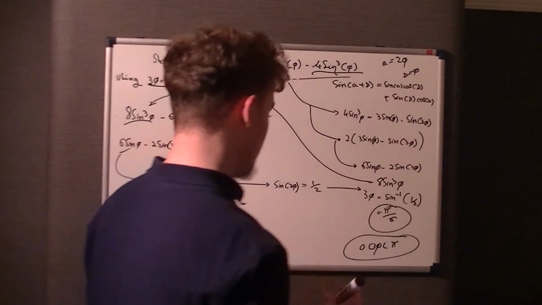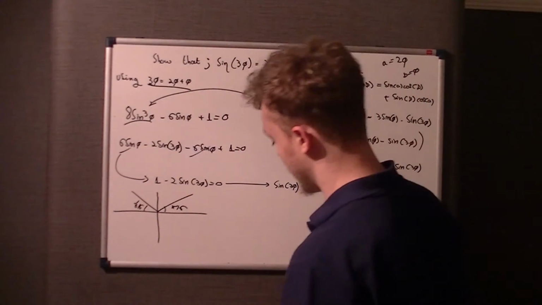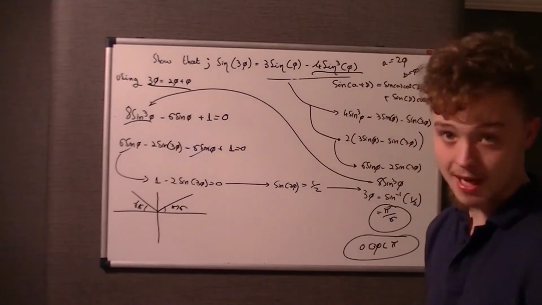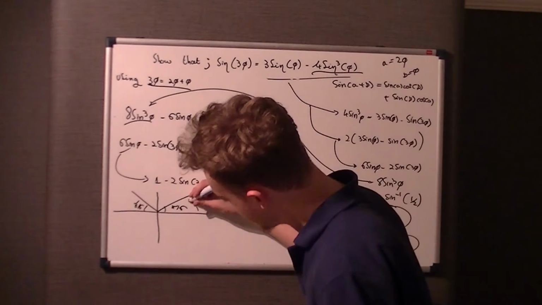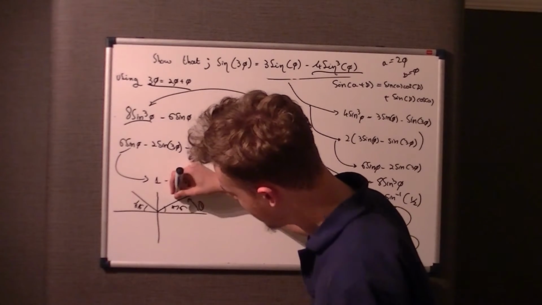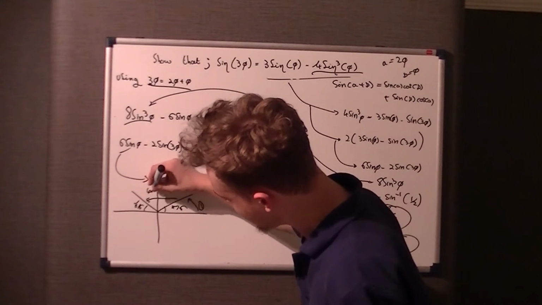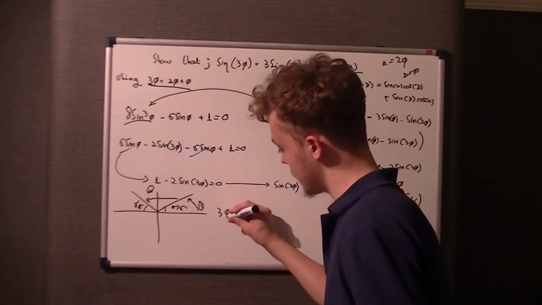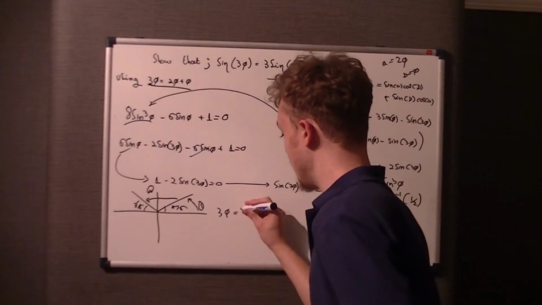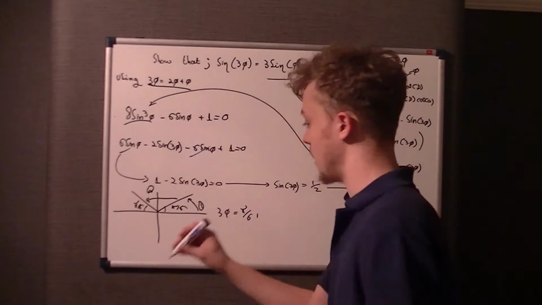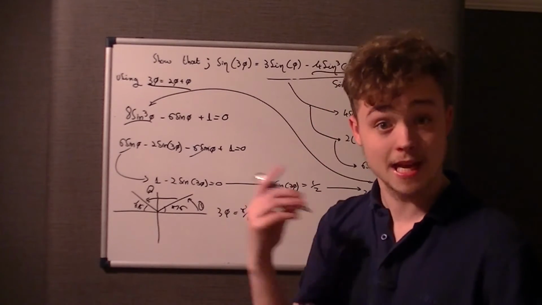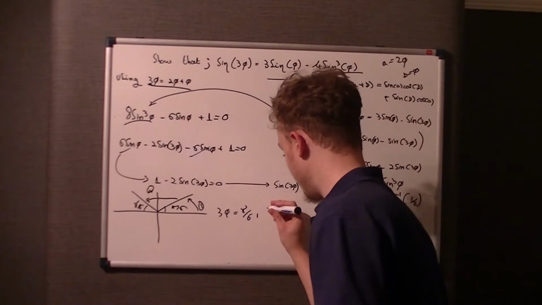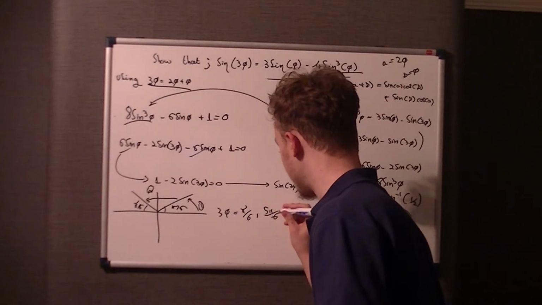So what we do now is we have a limit of between 0 and pi. So basically, we've only got two options here. So 3 theta, if you're reading off this diagram, it's pi on 6, and then the next one is pi, take pi on 6, which is quite clearly 5 pi on 6.